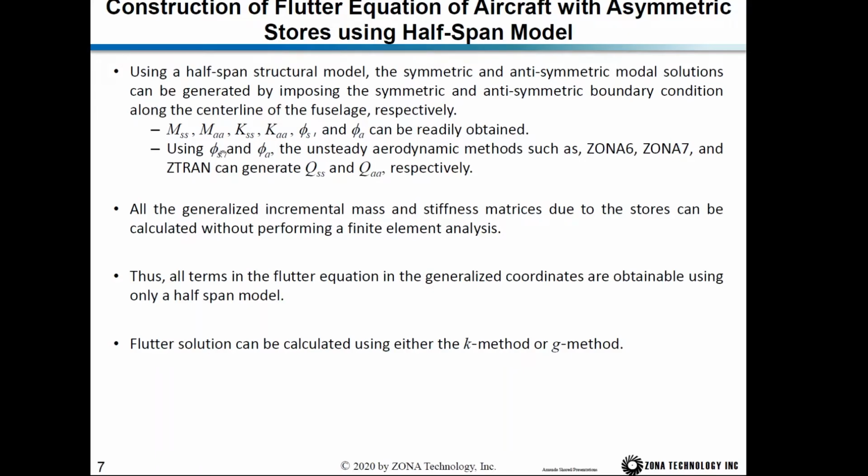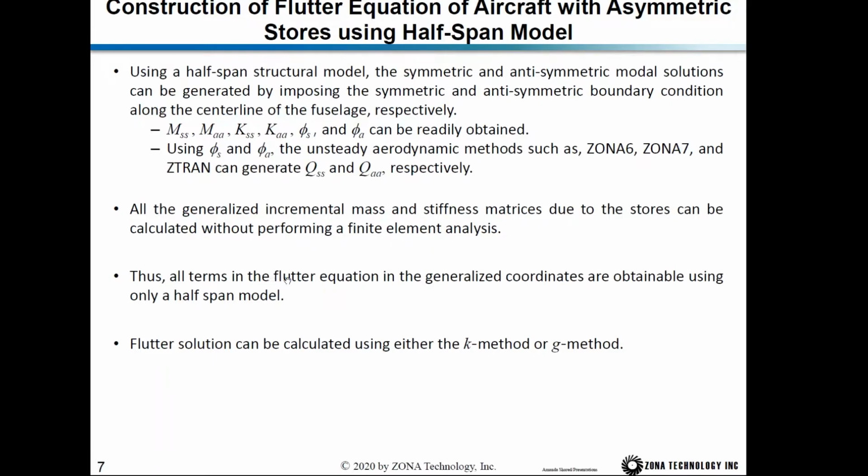The unsteady aerodynamic methods, such as ZONA6 and ZONA7, can generate the symmetric generalized aerodynamic forces and anti-symmetric generalized aerodynamic forces. All the generalized incremental mass and stiffness matrices due to the store can be calculated without performing a finite element analysis.